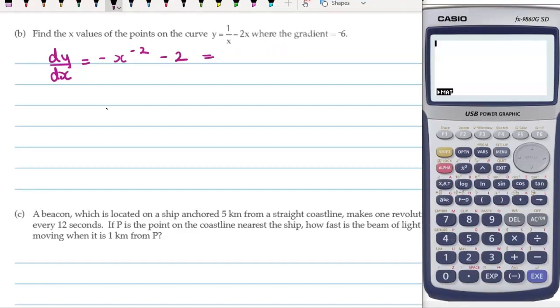We're setting that gradient to be equal to -6, as was in the question. So now that's -1 over x squared is equal to -4. So x squared is equal to 1/4. So x is going to be plus or minus 1/2.